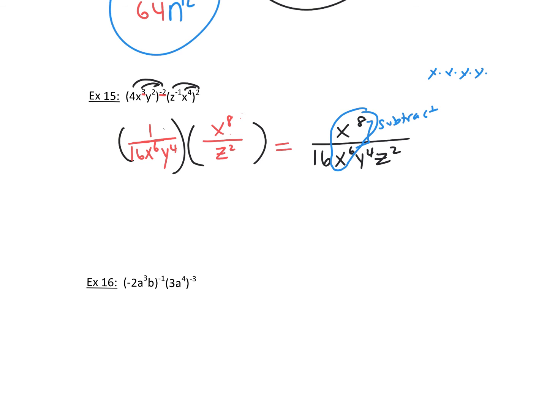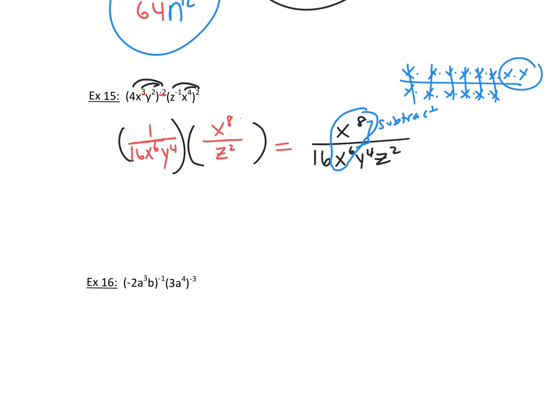You have 8 of them multiplying. So 1, 2, 3, 4, 5, 6, 7, 8 x's multiplying in the numerator, and then you have 6 in the denominator. 1, 2, 3, 4, 5, 6. And each x divided by x cancels to 1. Right? So you're left with whichever one has the higher exponent, that's where your x remains, where you have more left over. That's where your answer will go.